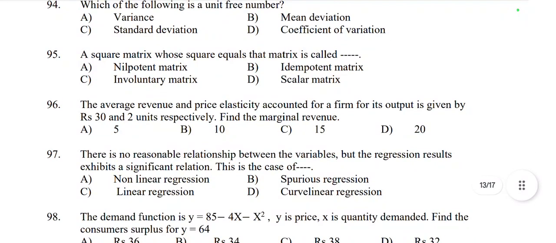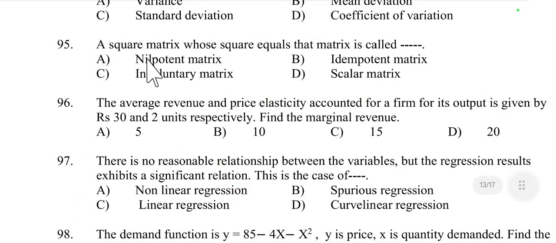Then question number 95. A square matrix whose square equals that matrix is called: nilpotent matrix, idempotent matrix, involutory matrix, or scalar matrix. So this is called an idempotent matrix.